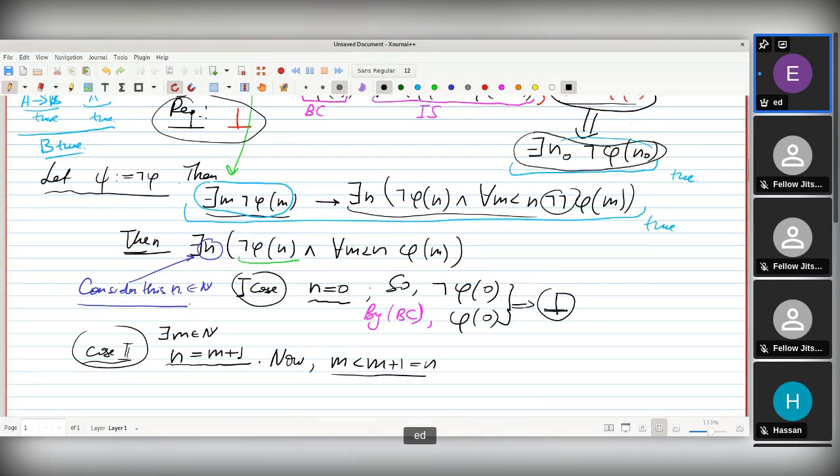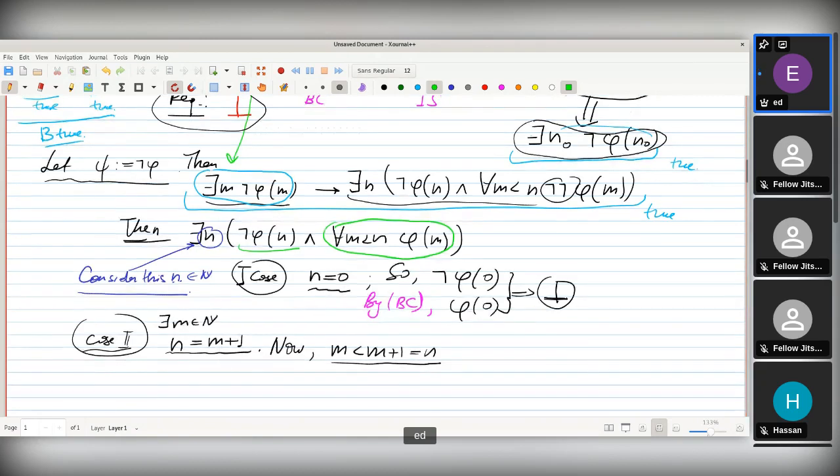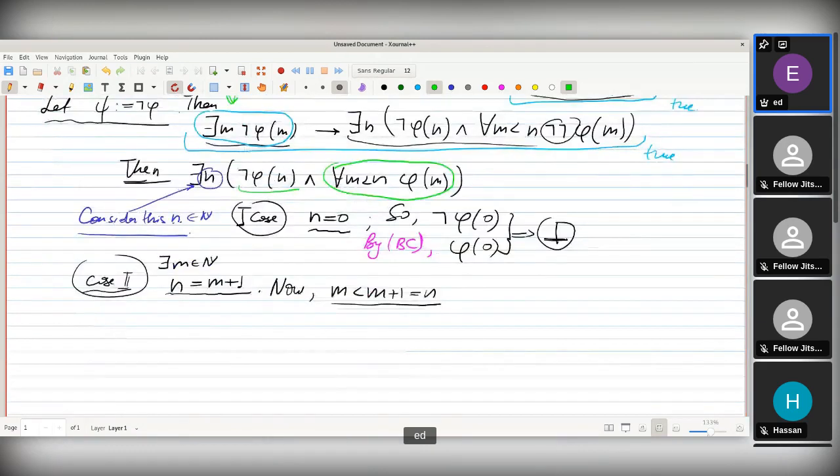It is less than n. But I know that for every number which is less than n, phi holds. Therefore, phi holds for our m. Okay.